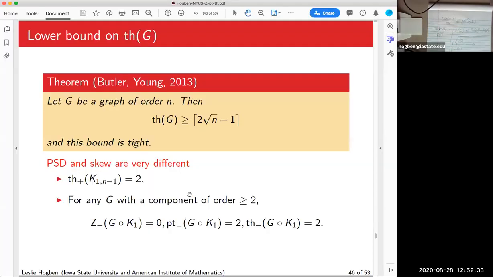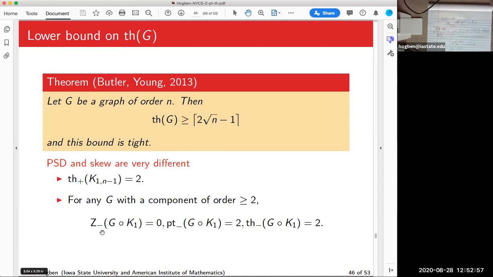And because of the very limited degree of paths and cycles, we got values that were not all that different asymptotically for paths and cycles, but we see that the PSD throttling number of the star is 2. You take the center vertex blue and then you propagate in 1.